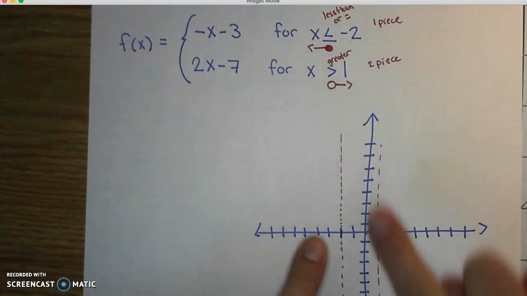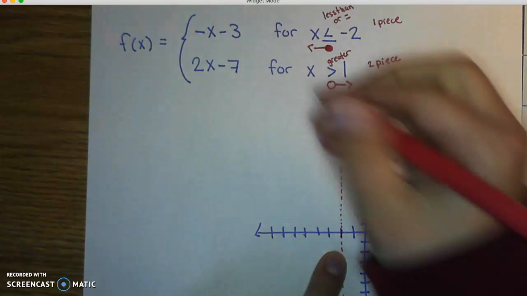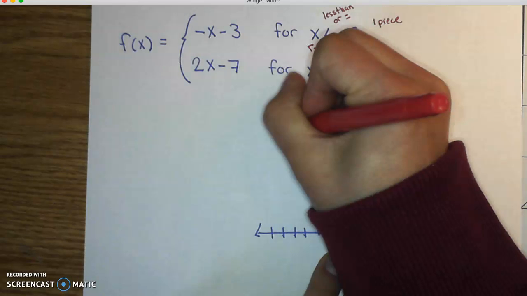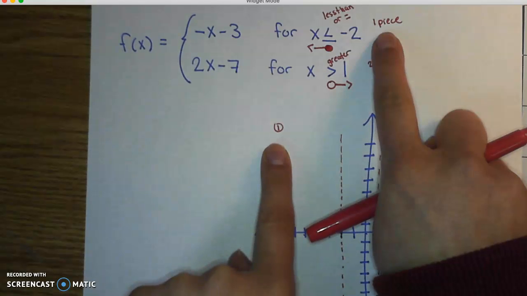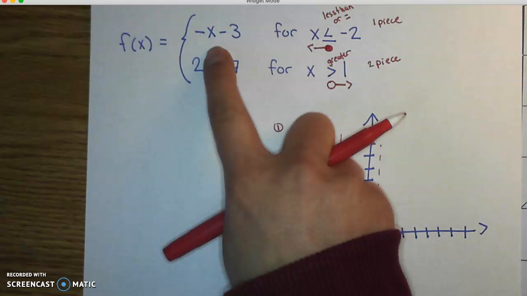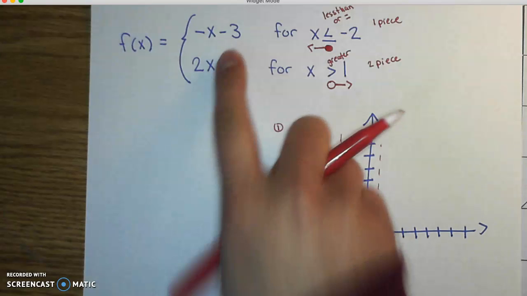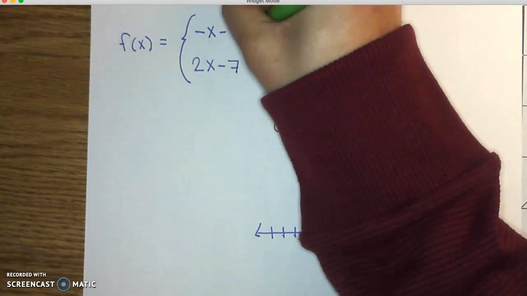Okay. So now we have these 2 parts. Well, in this first part, because we want less than negative 2, this is for my first piece. What's my equation? Negative x minus 3. Where do I begin? Well, this is my y-intercept.